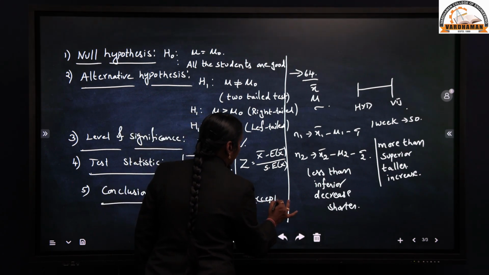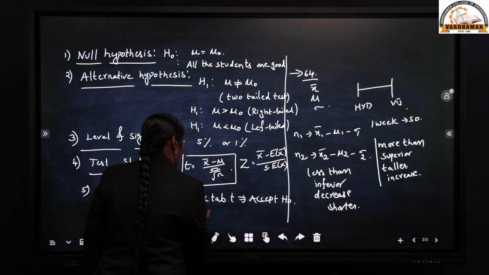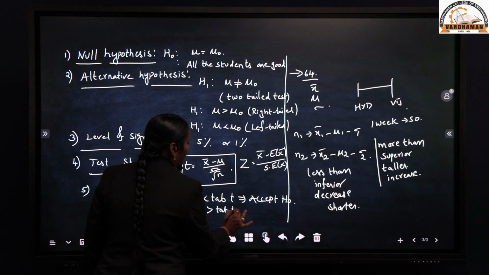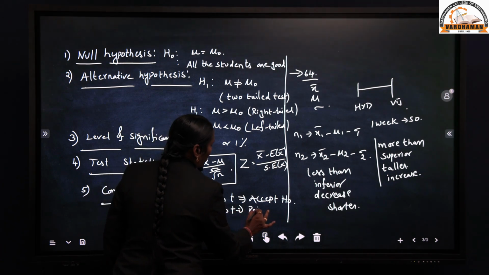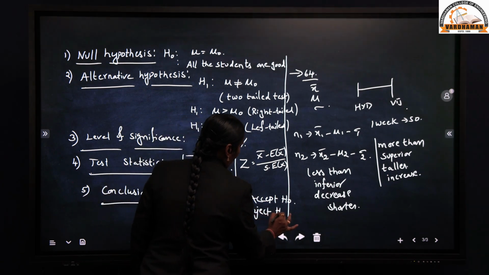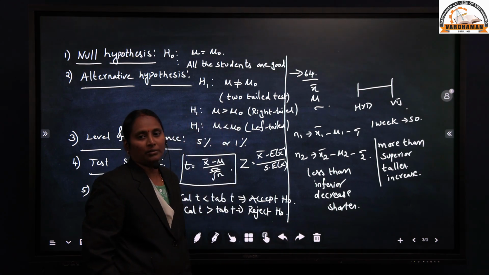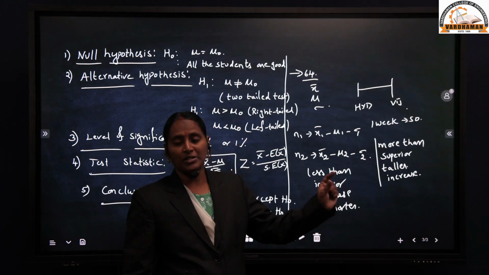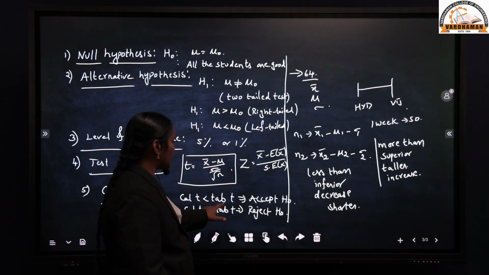Otherwise, if the calculated value of t is greater than the tabulated value of t, we have to reject our H naught.